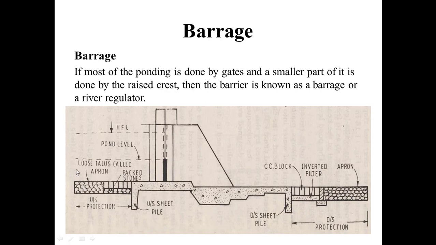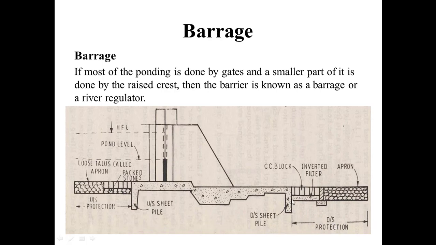the apron is constructed of loose talus material. Also, a packed stones portion is constructed, and this portion is known as the protection area. Also, the upstream sheet pile line is constructed. On the downstream side, there is a CC block with inverted filters and also aprons constructed of boulders, and this portion is known as the downstream side protection area.